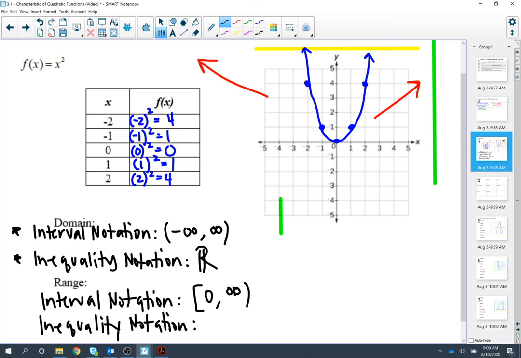So y is greater than, y is less than, etc. And your y values start at 0 and they go bigger. So inequality notation, we're going to have y is greater than 0, but more importantly, y is greater than or equal to 0, which is why we have this bracket over here, because we're actually touching this point right there on 0. So that is your parent function. The blue graph is called a parabola. That is your domain. That is your range.